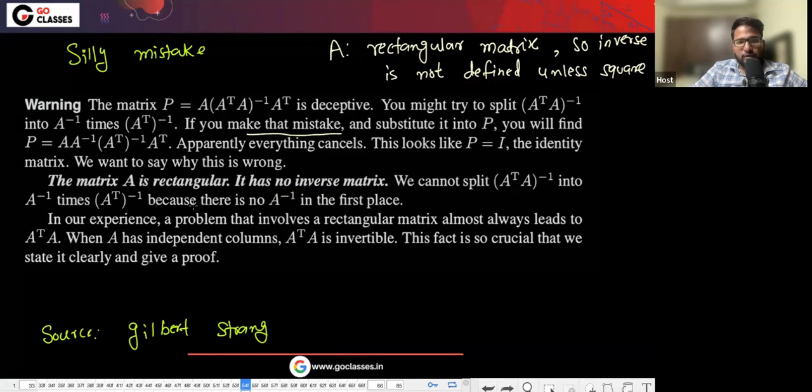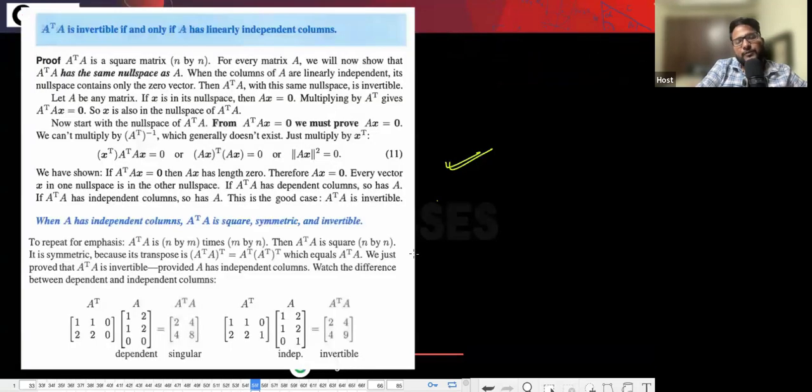Whenever you have a rectangular matrix, a problem that involves it always leads to A transpose A. When A has independent columns, A transpose A is always invertible. This fact is so crucial that they state it clearly and give a proof on the next page: A transpose A is invertible if and only if A has linearly independent columns.